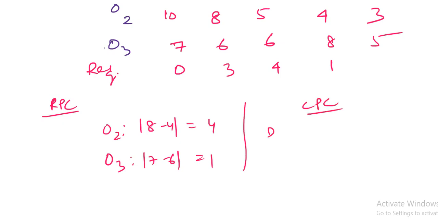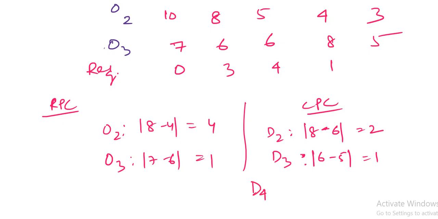D2 is 8 minus 6 equals to 2. D3 is 6 minus 5 equals to 1, and D4 is not applicable. Remaining demand is 1.